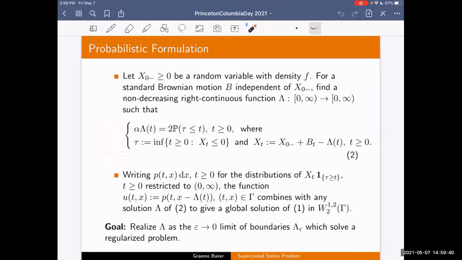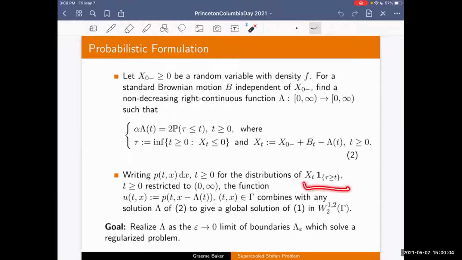So what is this problem? We have a Brownian motion with drift, X_t, this stopping time tau, which is the first time that X_t hits 0. And then we ask that lambda is proportional to this probability that tau is less than or equal to t.